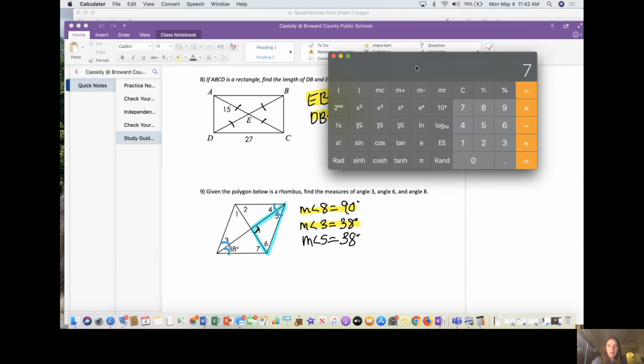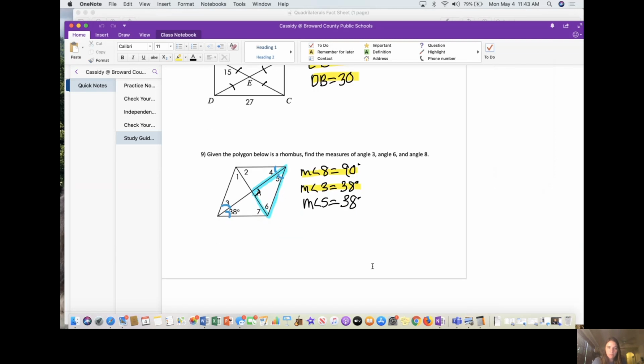So we're going to do 180 minus angle 8, which is 90 degrees, minus angle 5, which we said is 38 degrees. Subtracting 38 gives us 52 degrees. So the measure of angle 6 equals 52 degrees. That's our third answer there.